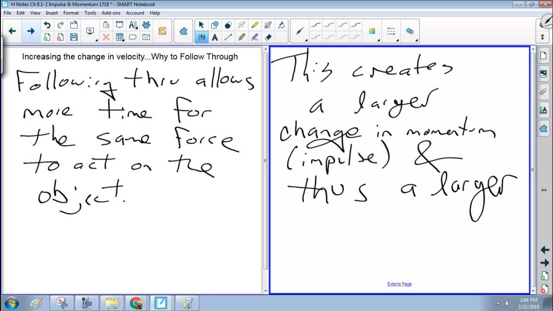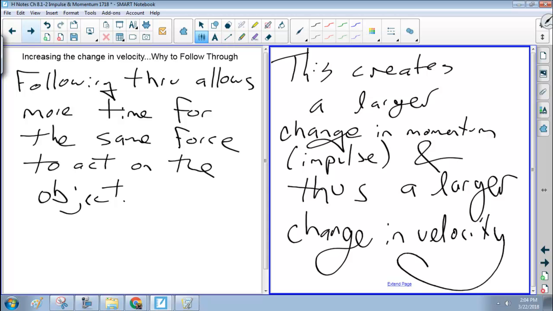Velocity's close. There's something slightly better than I want. Change in velocity. Does that make sense, you guys? Can you read my horrible writing?